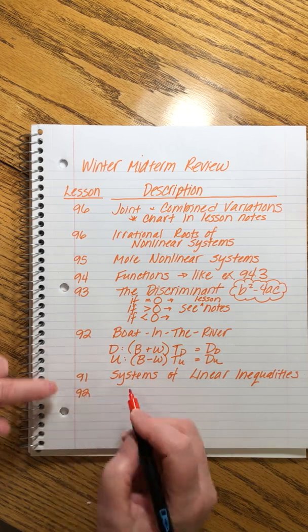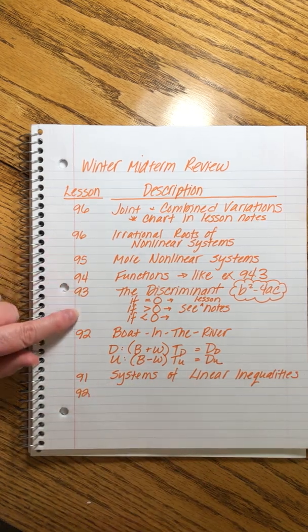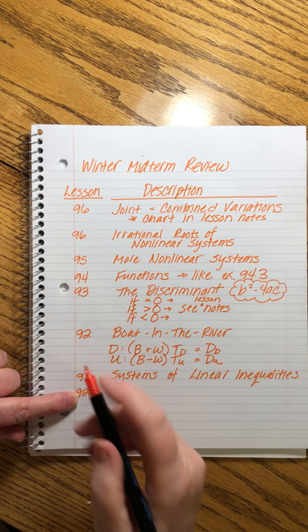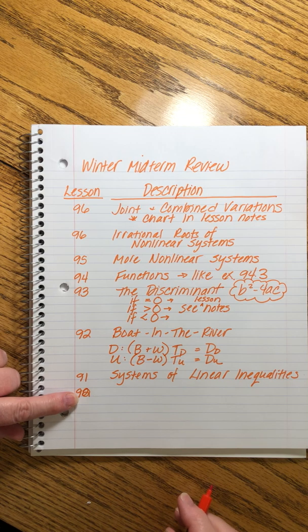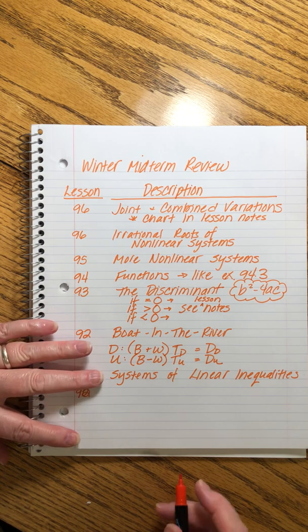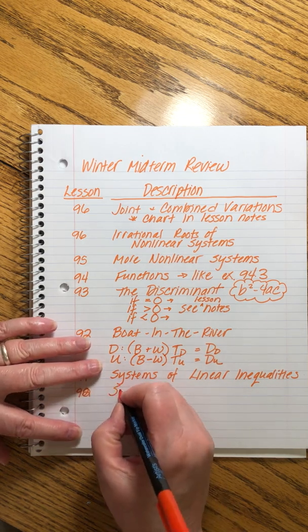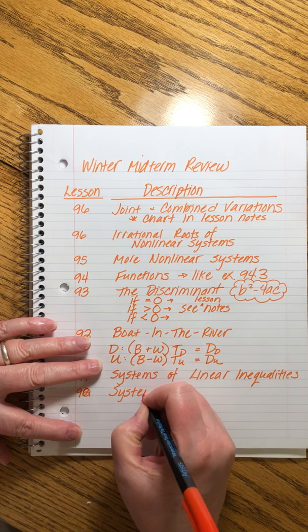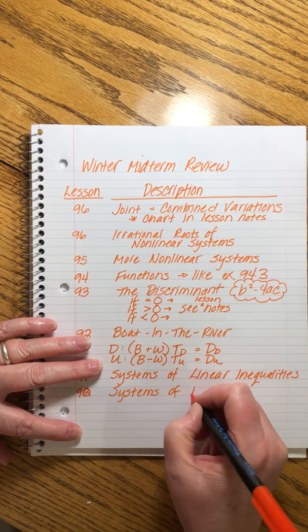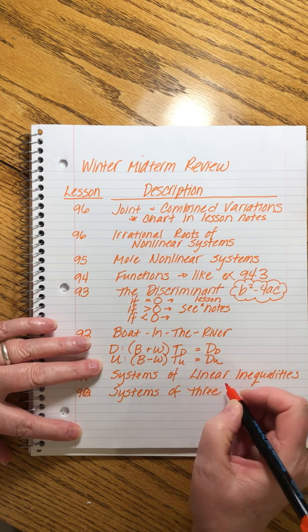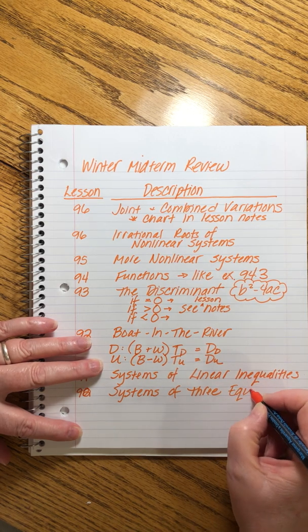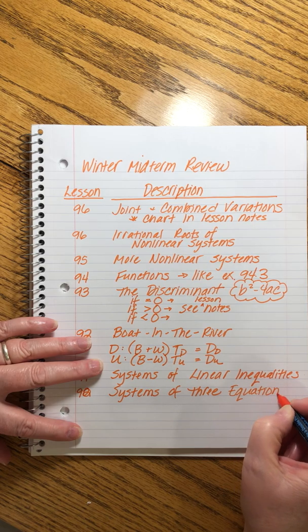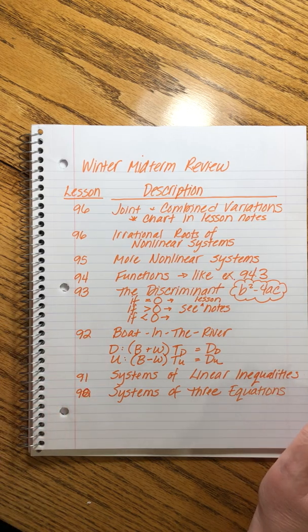Oh, I'm sorry, see, I always do this. I'm going in decreasing order, but then every once in a while my brain just wants to go in the normal order. That's a 0. Systems of 3 equations. This is where we have an X and a Y and a Z. And we usually do something crazy like eliminate twice.